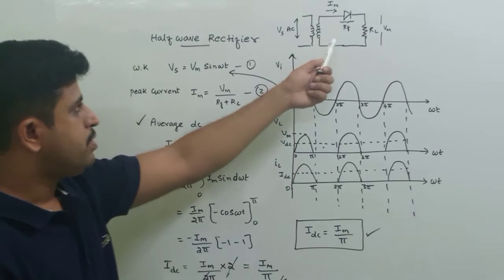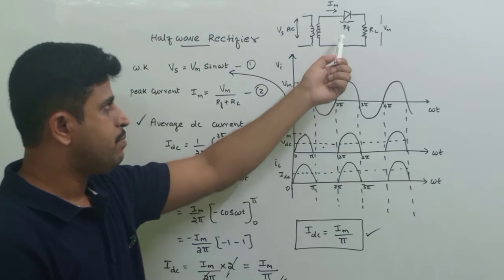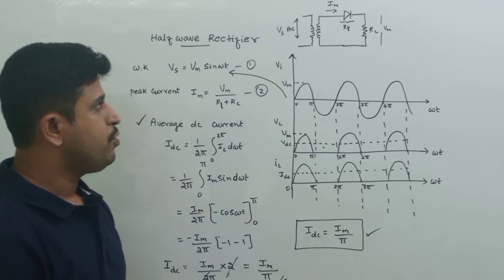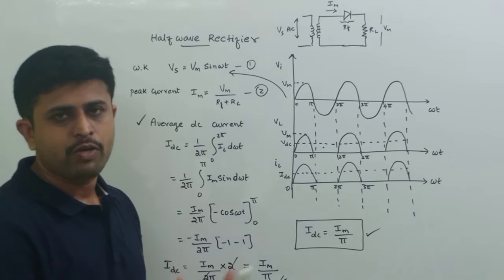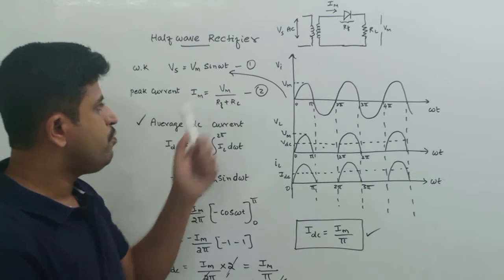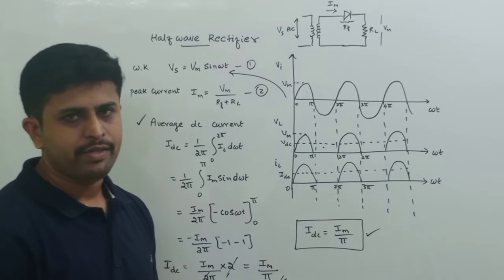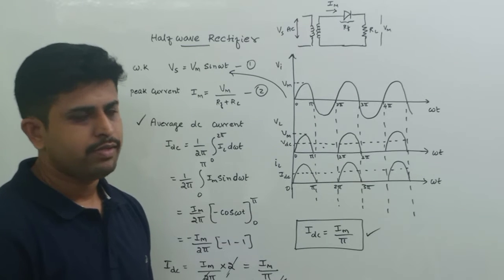We know that a diode has a forward resistance, we are representing by Rf, and RL is the load resistance. If you know voltage and the resistances here, you can find the current, because I is equal to V by R. So here Im is equal to Vm by the total resistance in the half-wave rectifier circuit, that is Rf plus RL, because both are in series, right?